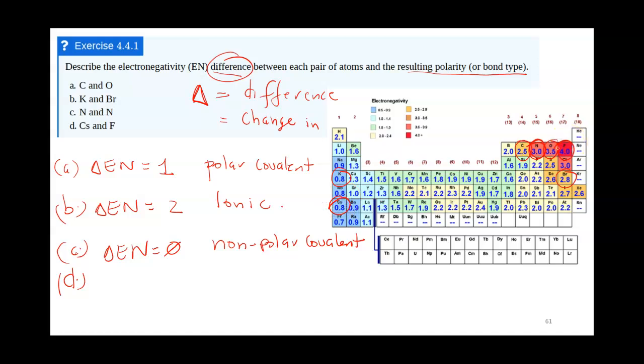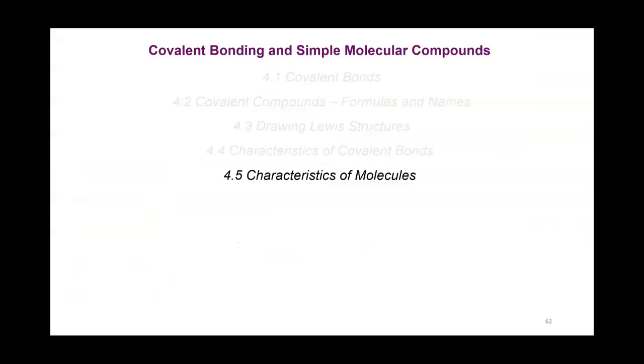So cesium 0.8, fluorine is 4. So the difference in electronegativity there, 3.2. And 3.2 is definitely bigger than 1.8. So that's going to be an ionic bond. And so what we see is that when metals bond to non-metals, we're always ending up with an ionic bond. Okay, so that concludes the section on the characteristics of covalent bonds.